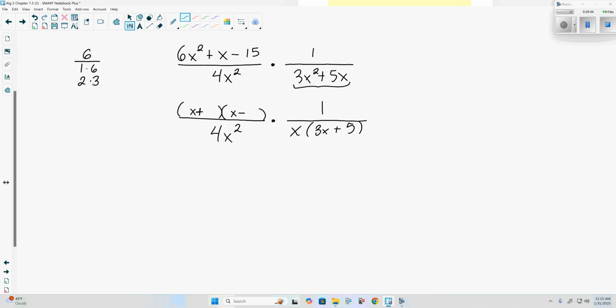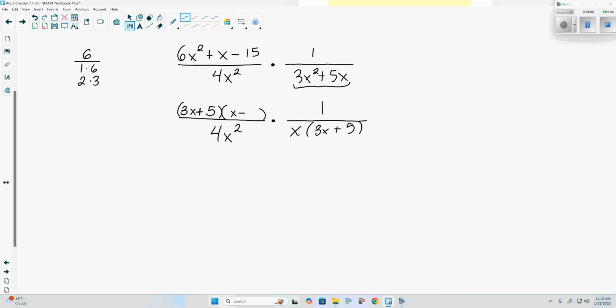Are we going to put the 3 in the first set of parentheses or the second? First, and we do get a good hint. The bottom denominator has what? 3x plus 5. So if something's going to simplify, it would help if we had 3x plus 5 as one of the factors here, yes?